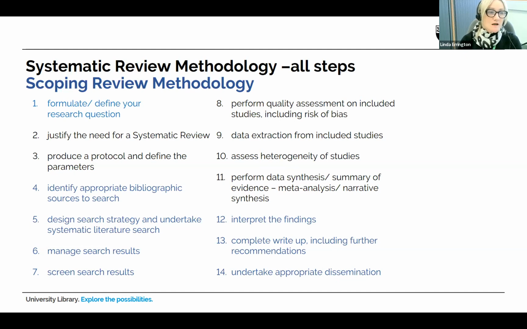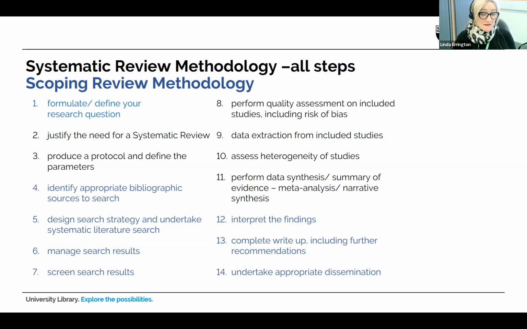So on this slide, I've attempted to identify the crossover between a systematic and scoping review. All of the steps on the slide are required for a systematic review, whereas only the steps in blue are required for a scoping review. Hopefully it's self-explanatory there, but just to point out a few things.